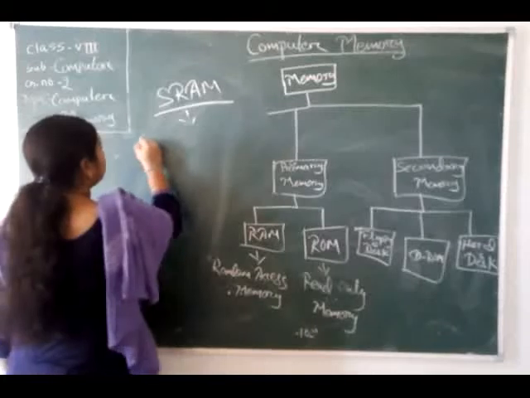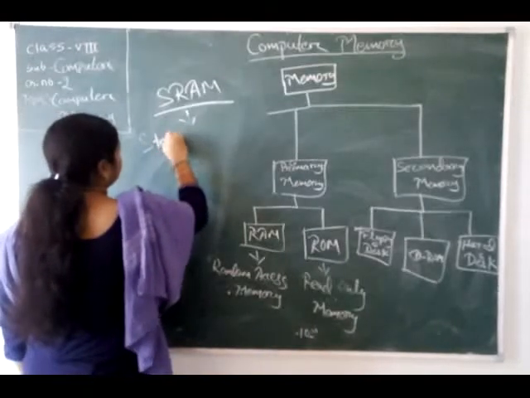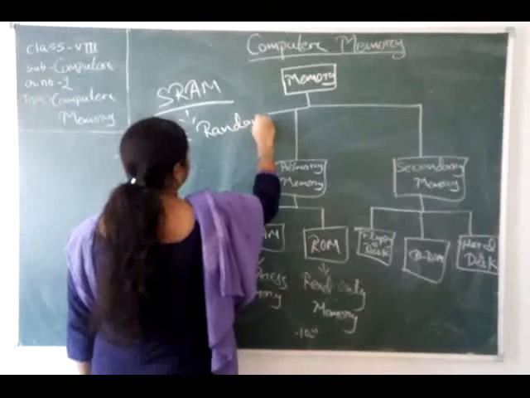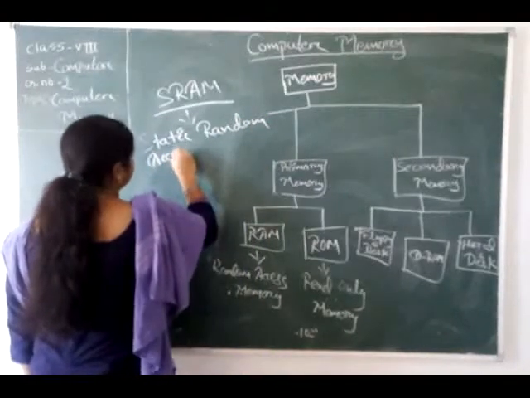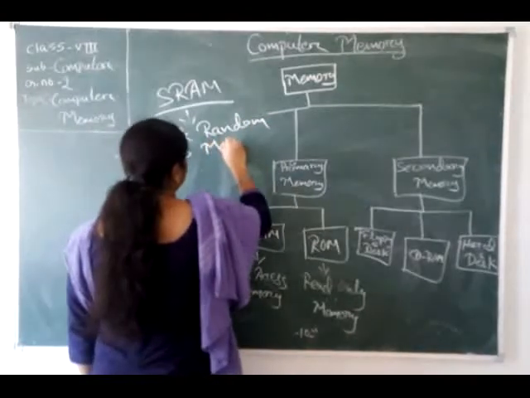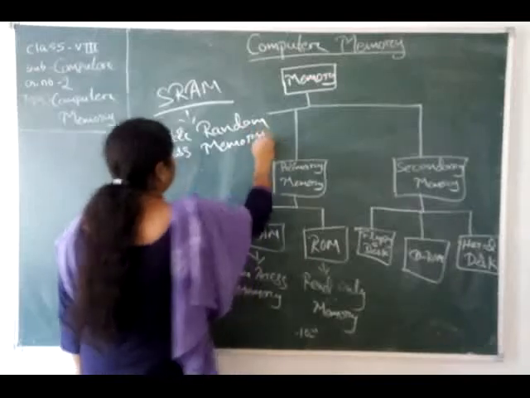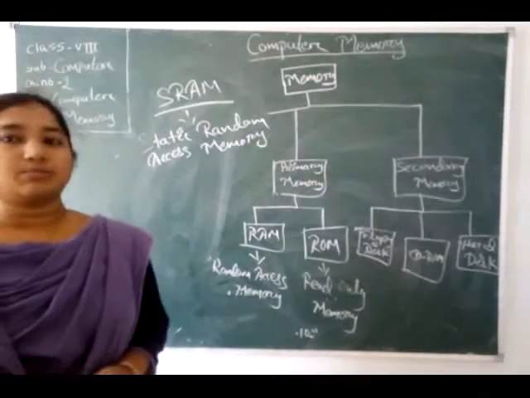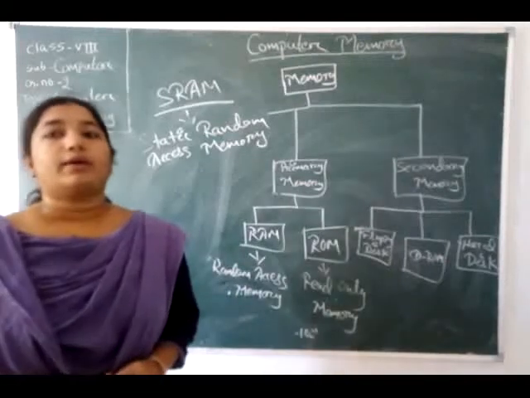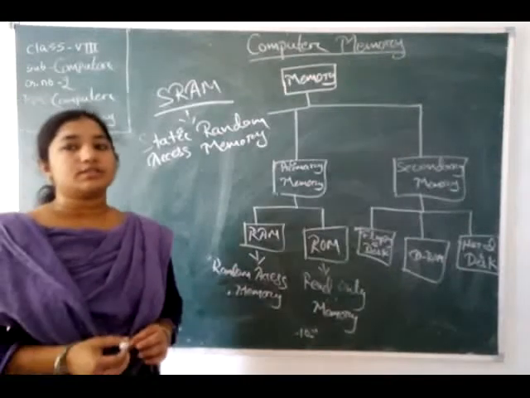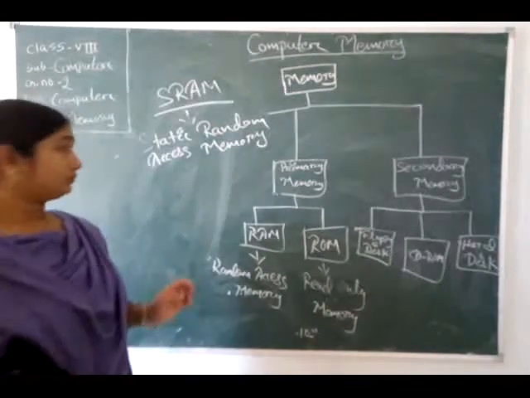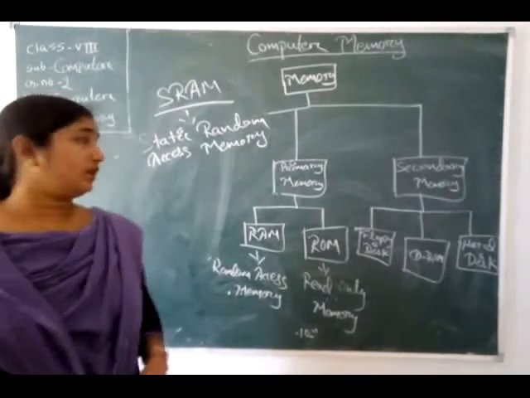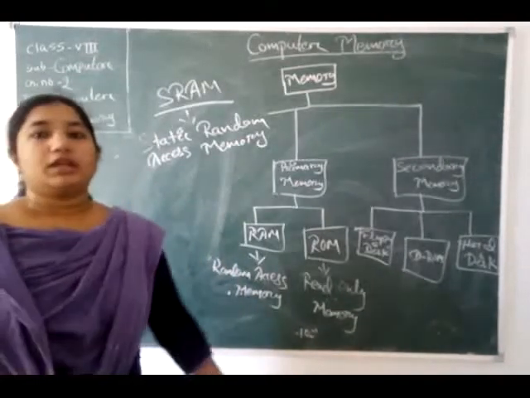It is used primarily to create the CPU's speed-sensitive cache. It is basically used for the speed of the computer, meaning the speed of the CPU.